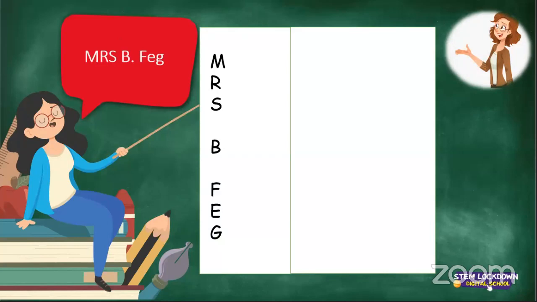Now you remember Mrs. B. Fig, because she is the lady with the 7 life processes. So let's name them. Let's see who can remember. First one, movement. Right, someone got it, good job. Second one, reproducing.